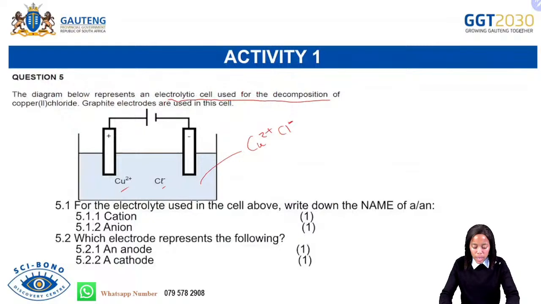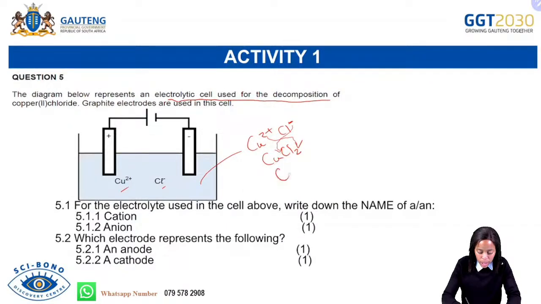And that is what we have in what? In solution. So if you are maybe just to combine it, remember it's going to be what? The 2 will then go there to the chlorine and the 1 will then go to the copper. So you will have CuCl2, and that is for your electrolyte.